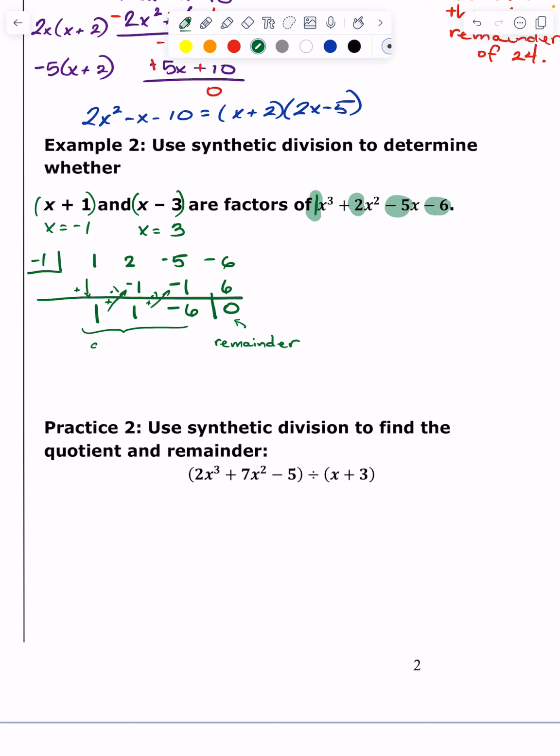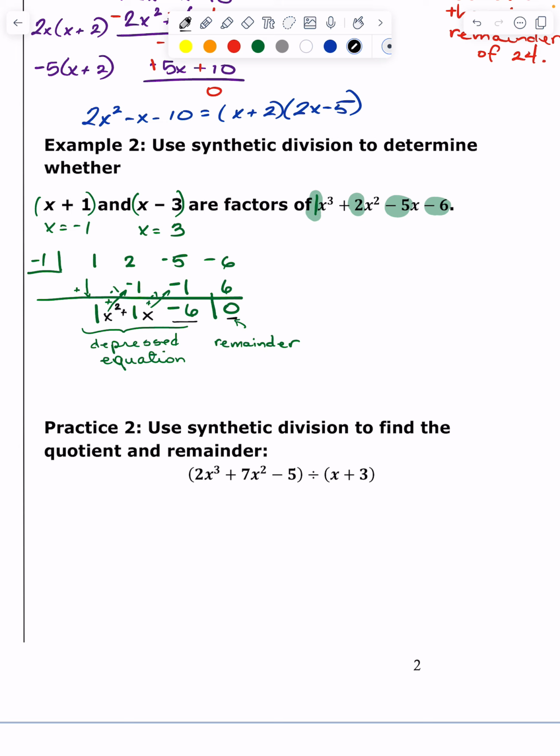This right here is called my depressed equation. It gives me the quotient when this is being divided. So starting at the far right, my remainder is 0. My constant term is -6. My linear term is x.